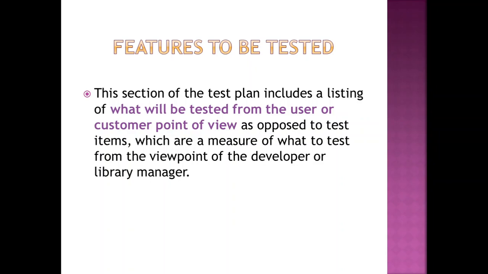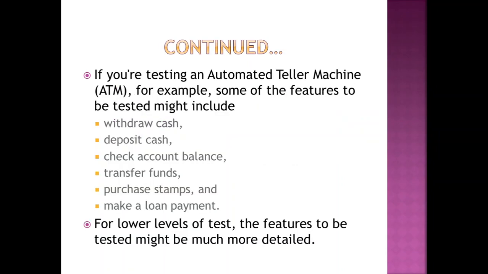Any business critical functionalities have to be included in the features to be tested, and a tester should make a point that the features mentioned in this section should be completed, should be tested, and the results should be provided. What will be tested from the user and the customer point of view is going to be an important part of your testing process.